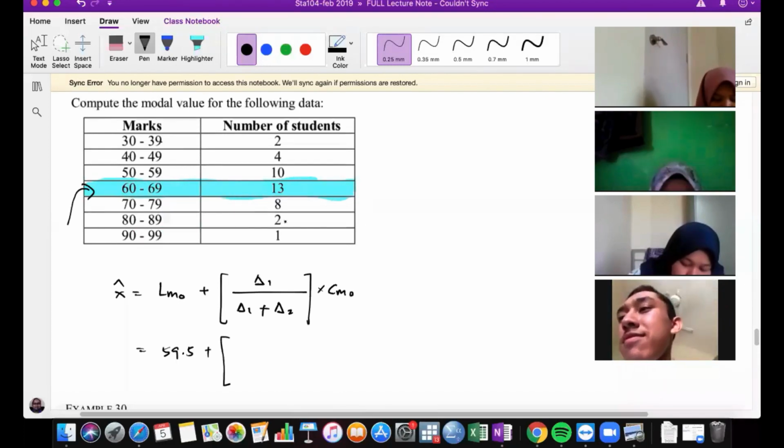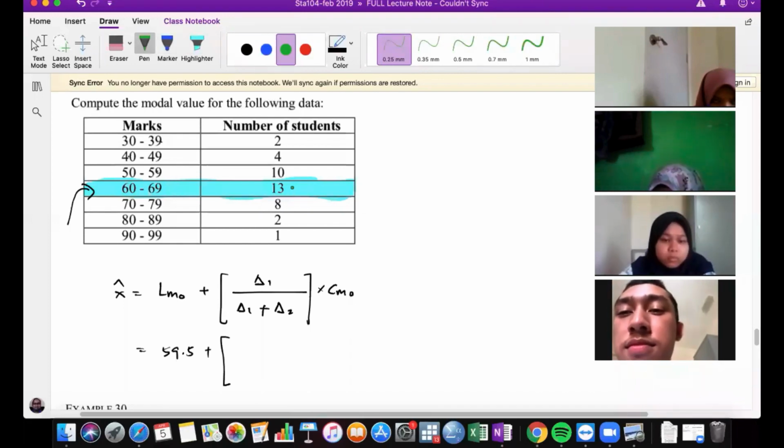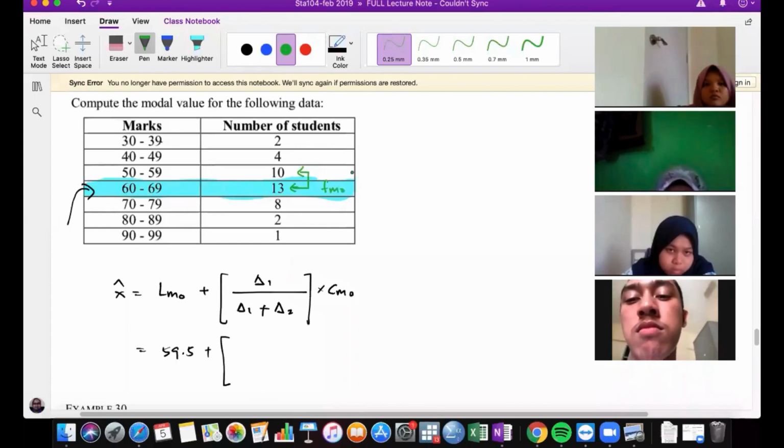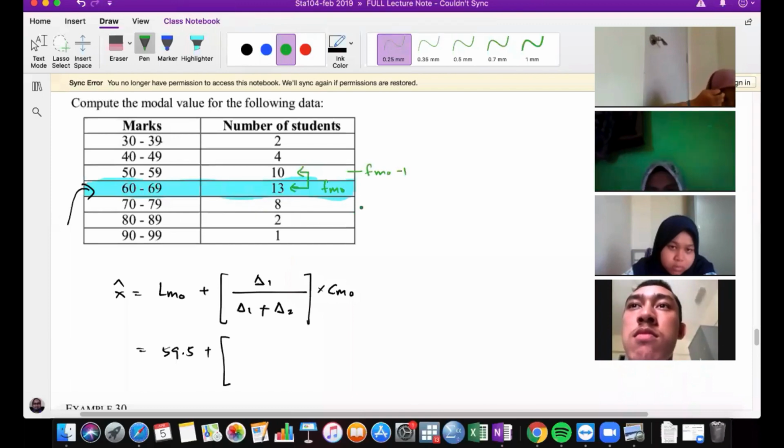And theta 1 means the frequency of the modal class minus the frequency before the modal class. This is the frequency of the modal class, this is the frequency before the modal class, and this is the frequency after the modal class.